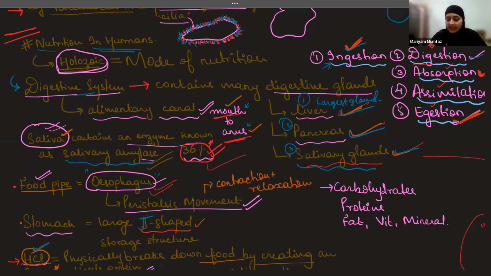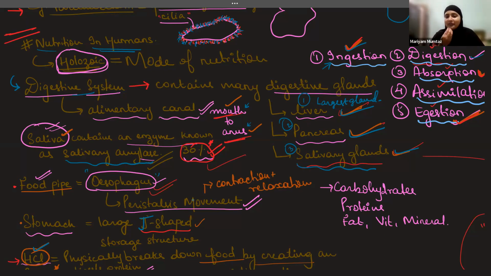Now, to begin the entire process of digestion, whatever food is there, we put it in our mouth. Our mouth is supplied with multiple teeth, and we have a tongue, and saliva is produced in our mouth. As we put the food in our mouth, we start chewing it. Why do we chew our food?